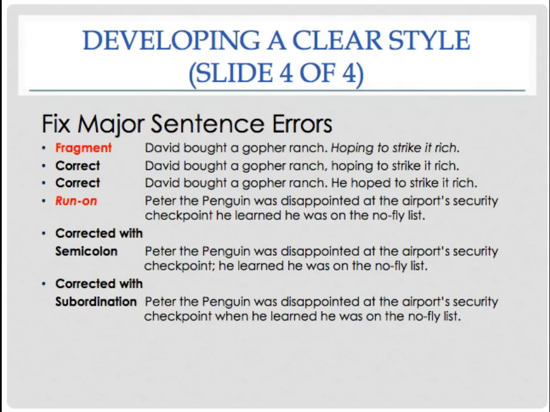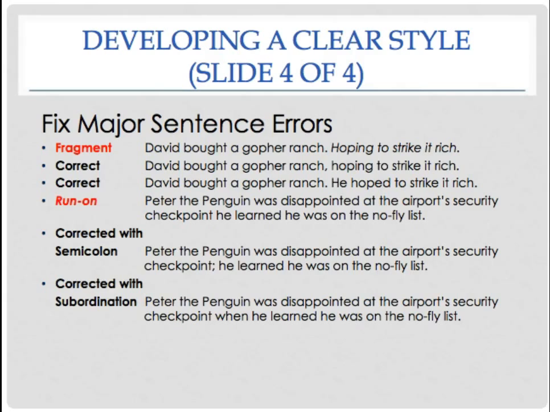Also, you want to fix your major sentence errors. These are very common, fragments and run-ons. So there's either not enough or there's way too much. So with a fragment, it's missing something. David bought a gopher ranch, hoping to strike it rich. Well, on its own, David bought a gopher ranch works because it's David, he did something and you know what something that he did.